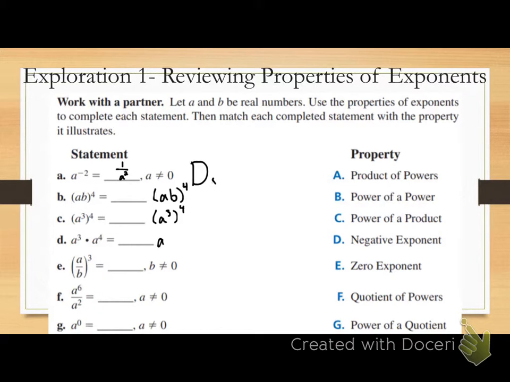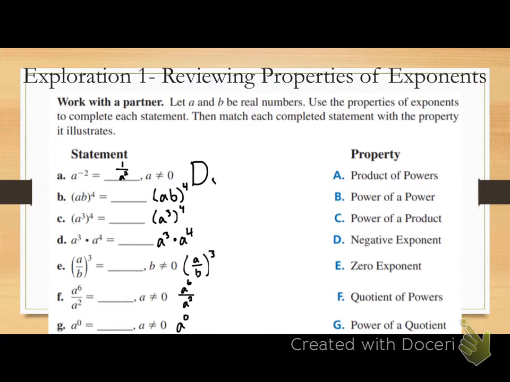D, I have A to the 3rd times A to the 4th. E, I have A over B, cubed. F, I have A to the 6th over A squared. And G, I have A to the 0. Can you read those a little better?